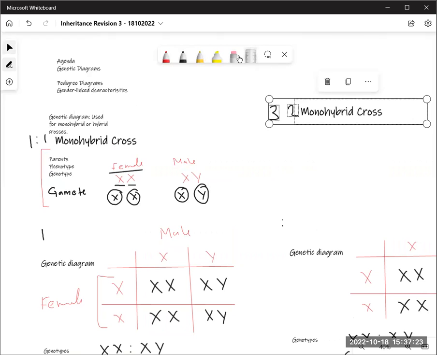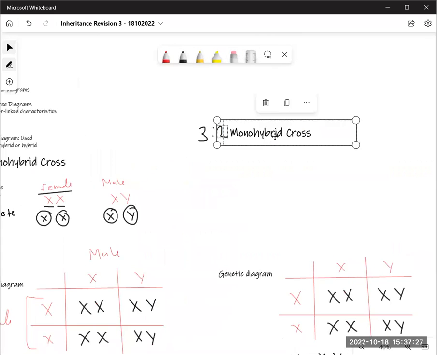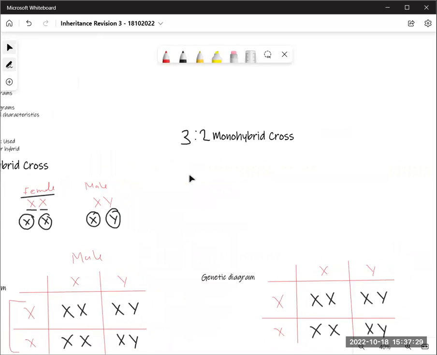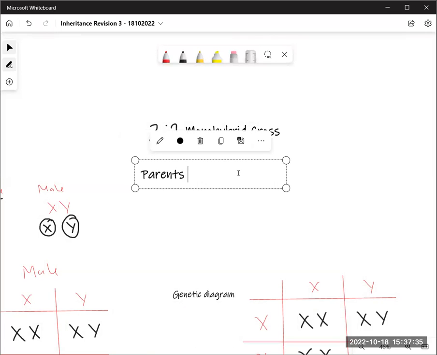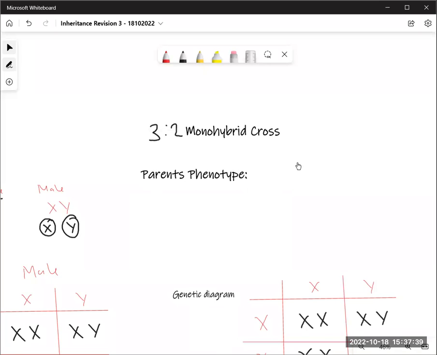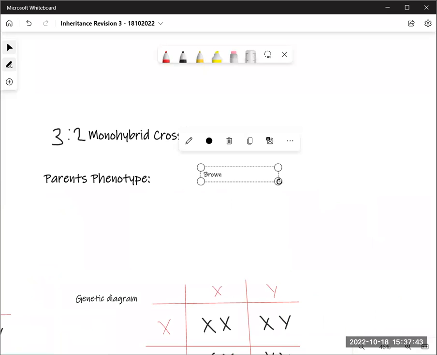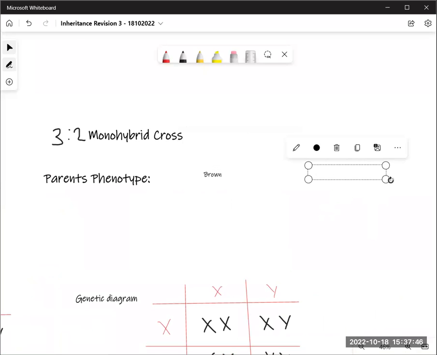We always have the parent and the offspring. In this, let's take it like this. Parents, genotype, phenotype. Phenotype is, let's say, brown eyes, and brown eyes.